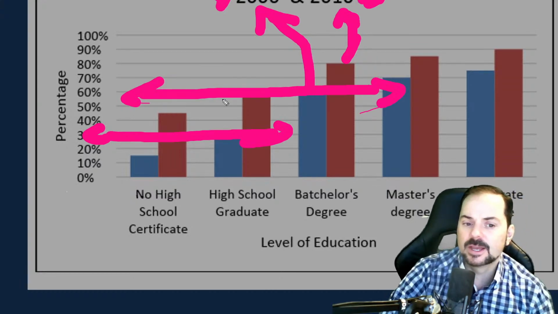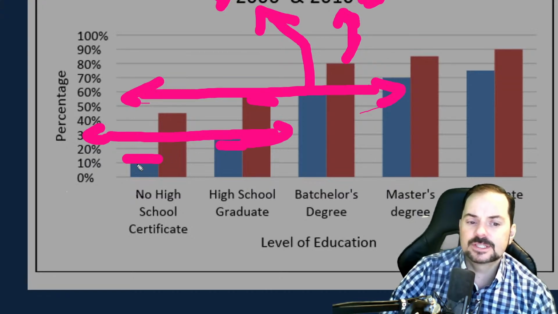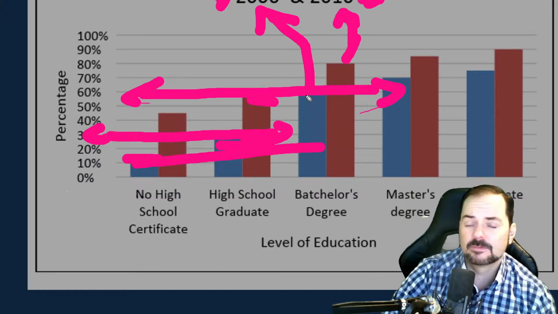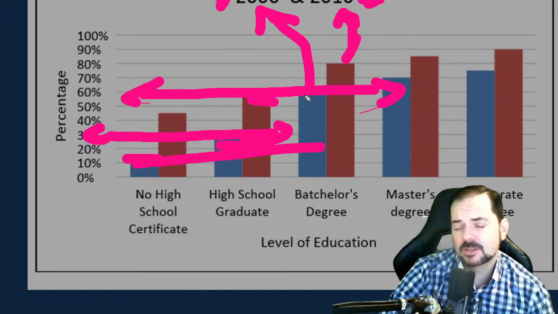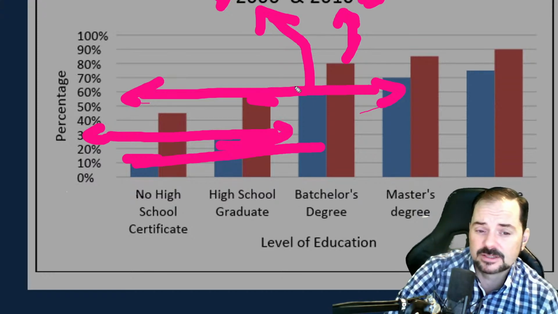So we're looking at the difference here, okay? And the difference is anywhere from this low bar up to the high bar, right? So the difference is anywhere from that's 15% all the way to 60%. So 60 minus 15, and you do have to do some simple math, is about 40 to 45%.